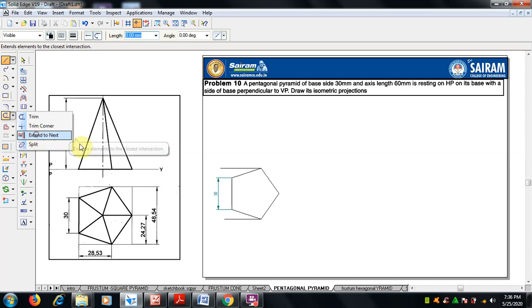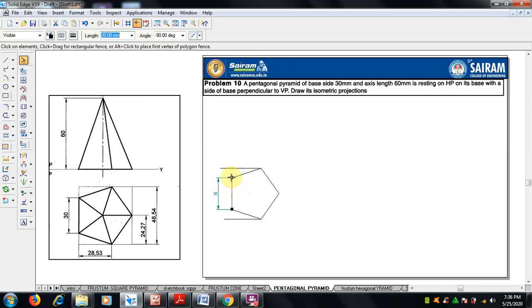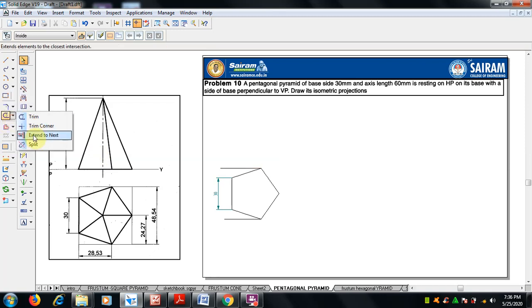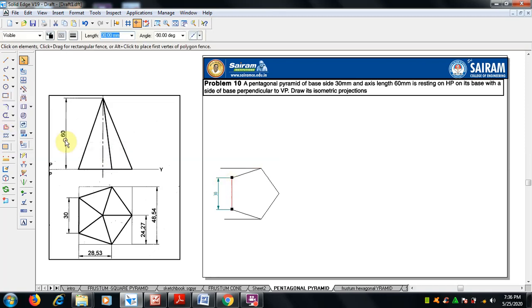Here you can go for the extend option. Okay, right. Let's draw a line from here. Right, like this, draw.